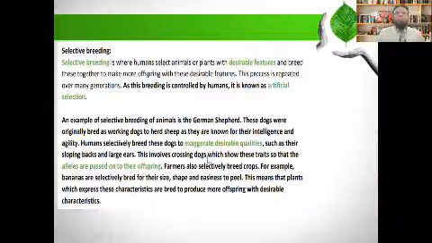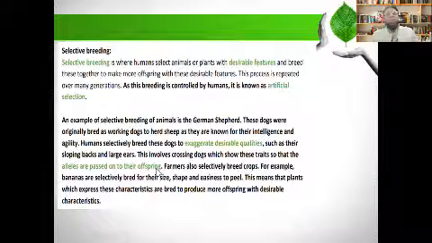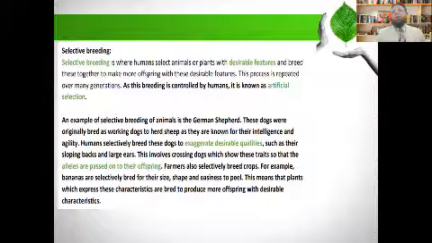This involves crossing dogs which show these traits so that the alleles are passed on to their offspring. So in selective breeding, we transfer the new gene into the local organisms, due to which we see variations in the organism.